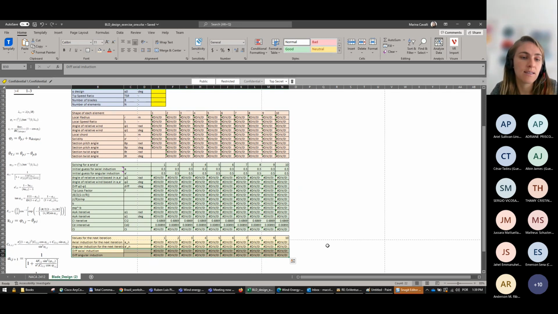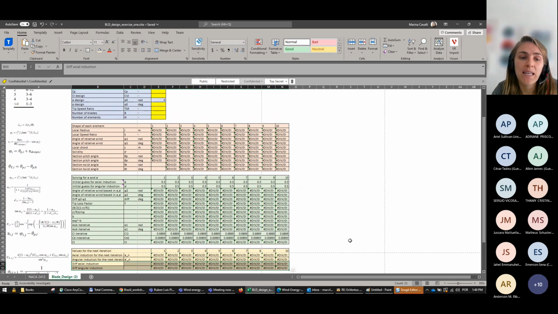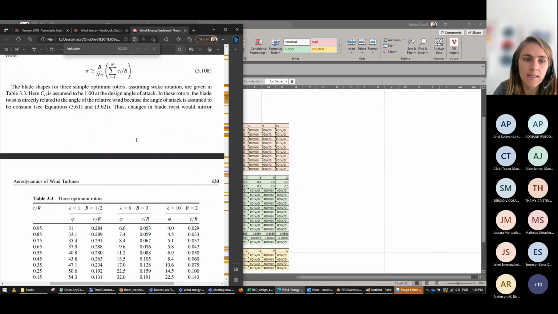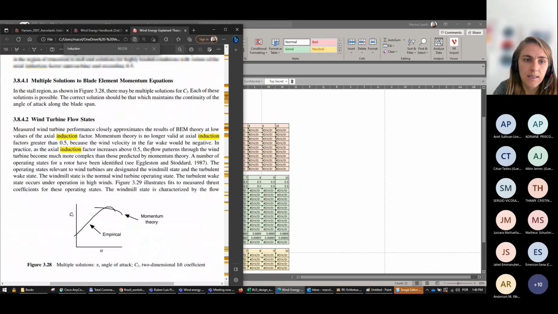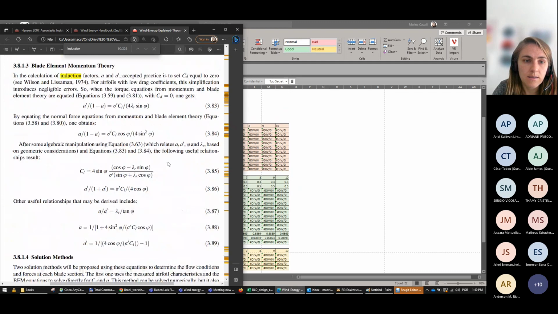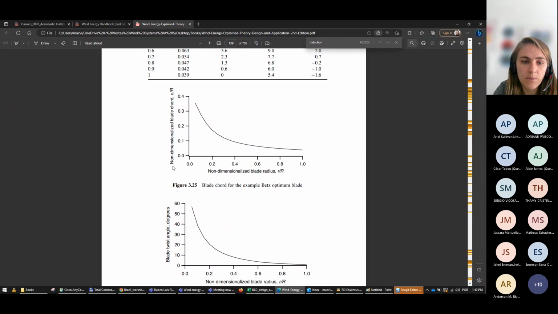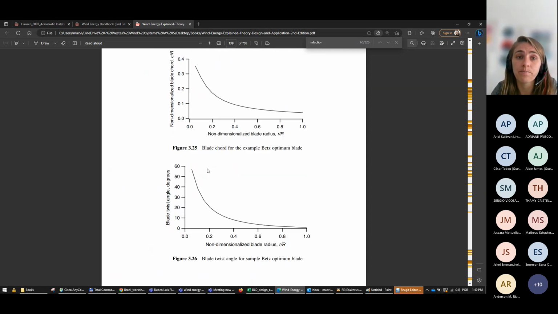But then I decided here to implement on Excel to be able to have something very visual. Because then my idea in the end is that we can produce plots like these ones here with the chord distribution and the blade twist distribution, and then we can compare and see how close, how far we are from what, for example, is estimated here.